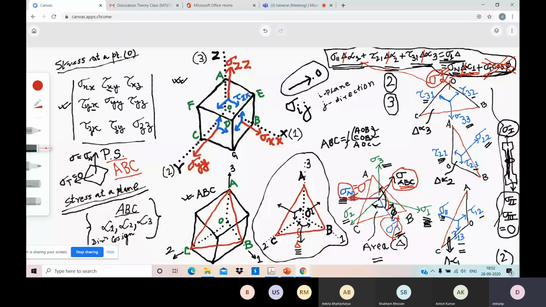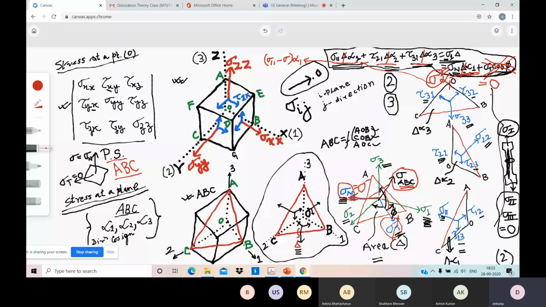So this term will now become sigma 1 minus sigma alpha 1 plus tau 2 alpha 2 plus tau 3 alpha 3. And since this has come on that side, this will become 0.